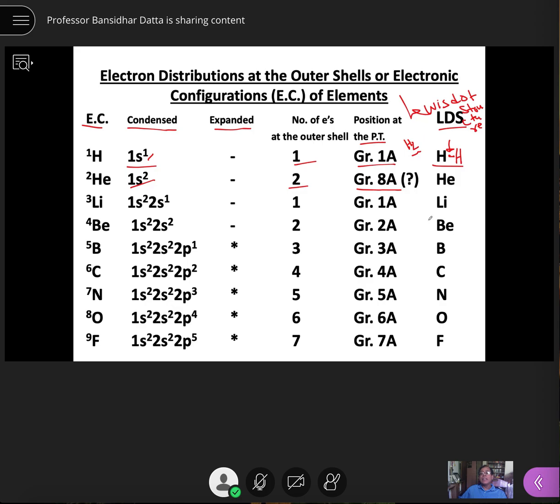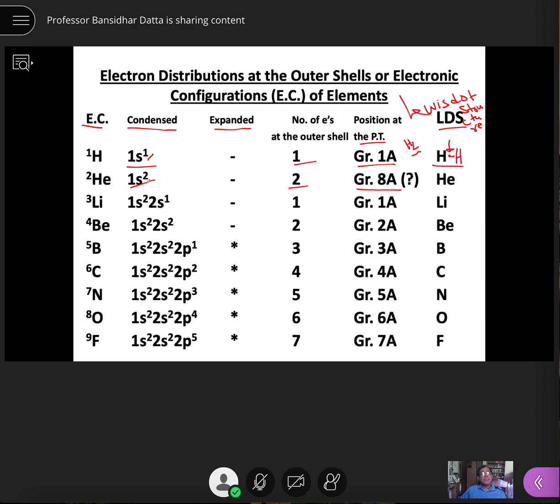Who can tell me why it is 8A? Because it's a noble gas. Yes, thank you. Helium belongs to the family of noble gas elements, or inert gas elements. They do not react.